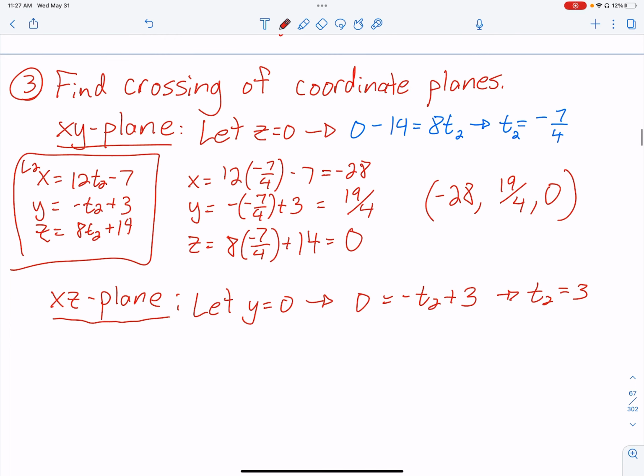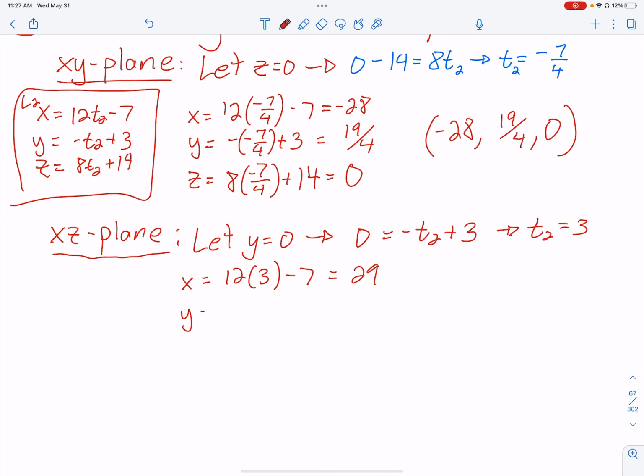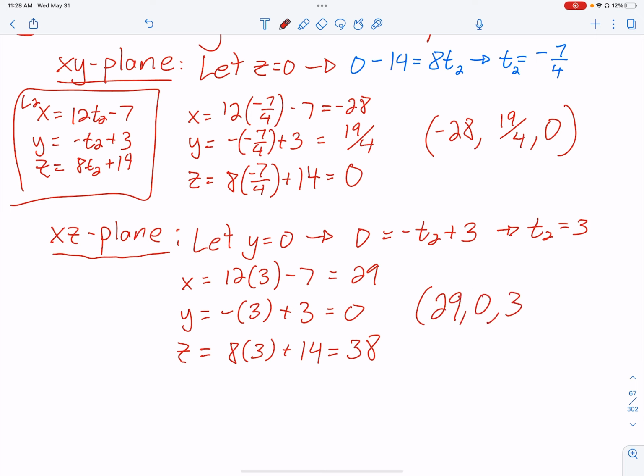So I plug in each one. X equals 12 times 3 minus 7. That's 36 minus 7 is 29. Y equals negative 3 plus 3, which is 0. Makes sense. Z, plugging in 3 there, 8 times 3 plus 14. That's going to be 24, 38. So this line crosses that plane at that point.